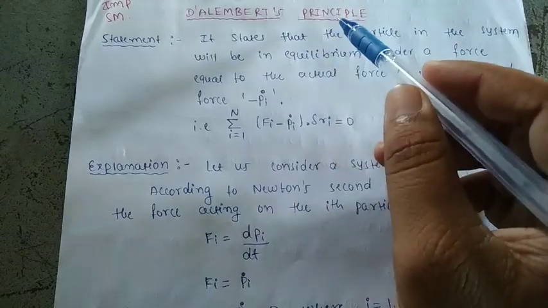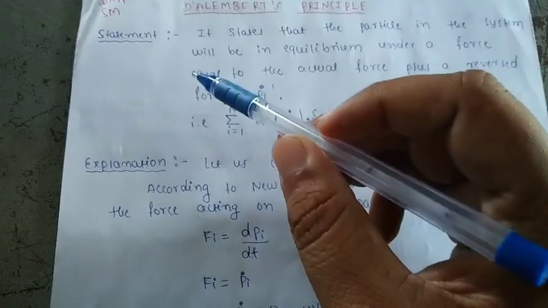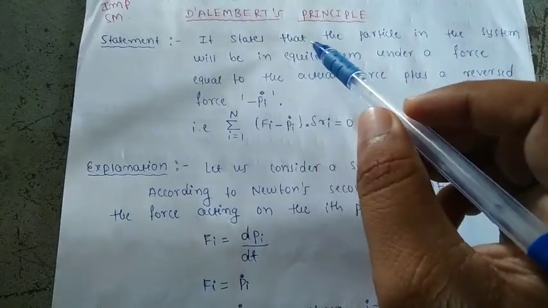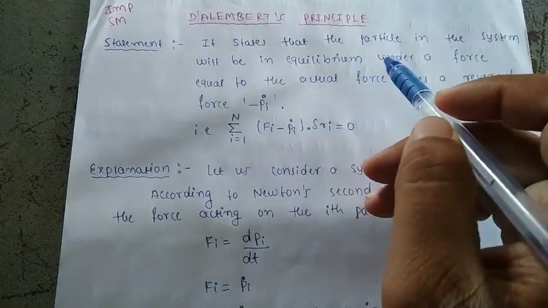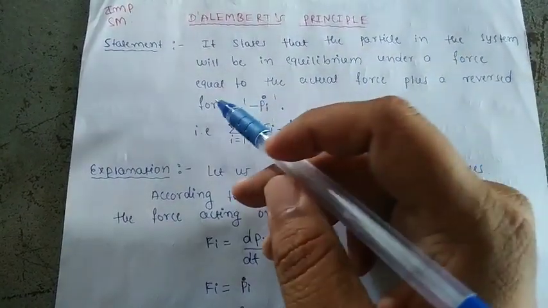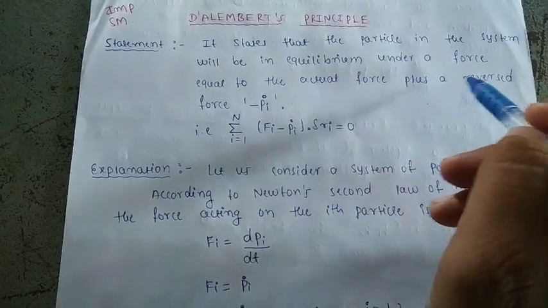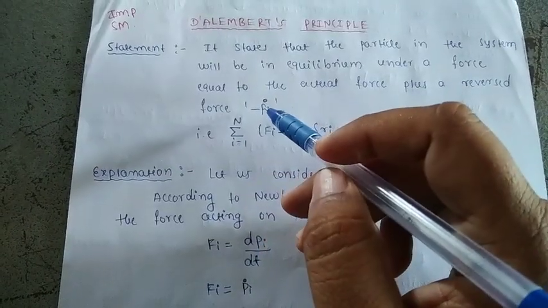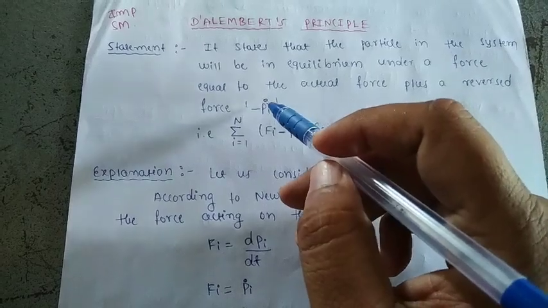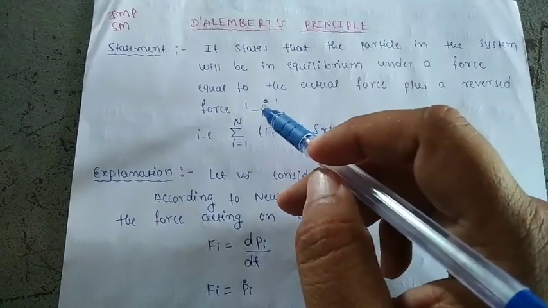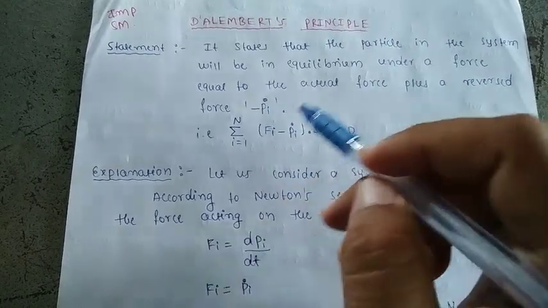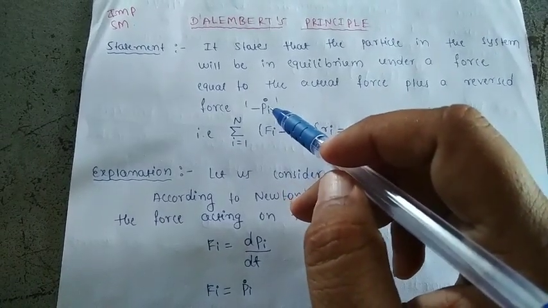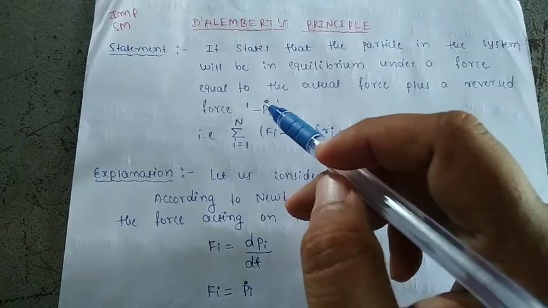The statement of D'Alembert's principle is: the particle in the system will be in equilibrium under a force equal to the actual force plus a reversed force, that is minus p_i dot. This dot means the rate of change of p_i with respect to time, that is dp divided by dt.